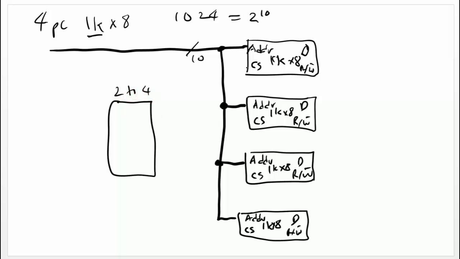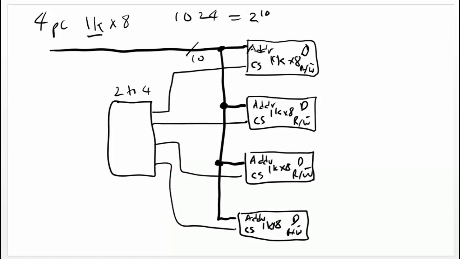The output will go to chip select, like that. And then there will be 2 more address bits coming from the main address into the decoder. And you have to show that it is curving like that, because it is not branching but they split.